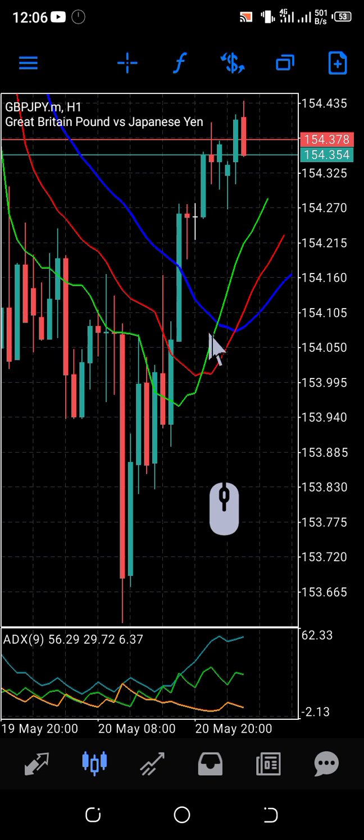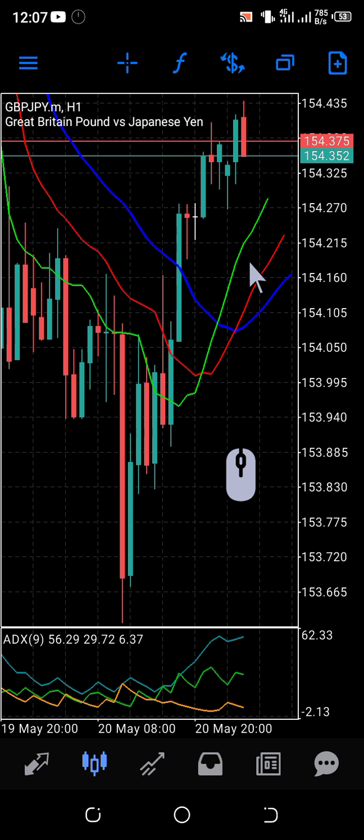You see when the green line crosses the blue and the red line completely, just know that we are entering a very powerful uptrend.